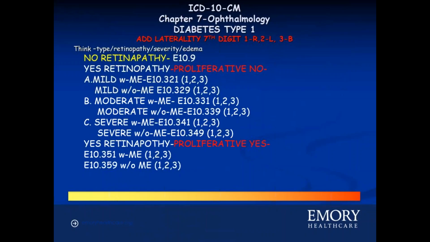And then there's yes retinopathy with proliferative, and then there's yes retinopathy with proliferative as well. Some of those are coded with macular edema or without macular edema. And then some of those are based off of the stage, mild, moderate, or severe.